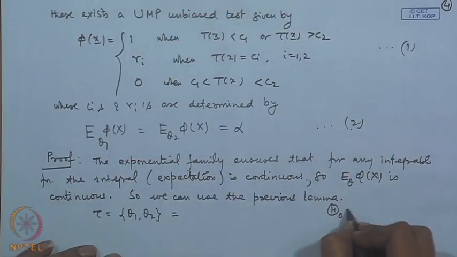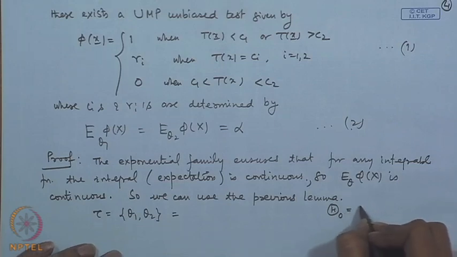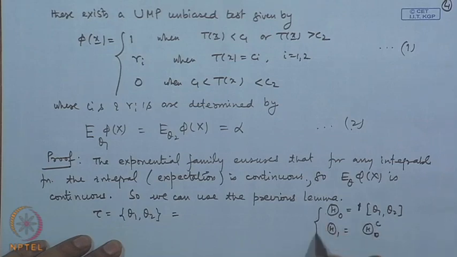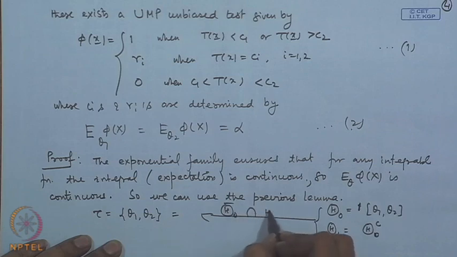So, here theta naught was, in this particular problem, the interval theta 1 to theta 2, and theta 1 is the complement of theta naught. So, if I consider this tau, that is theta naught closure intersection theta 1 closure, then this is going to be equal to theta 1, theta 2.